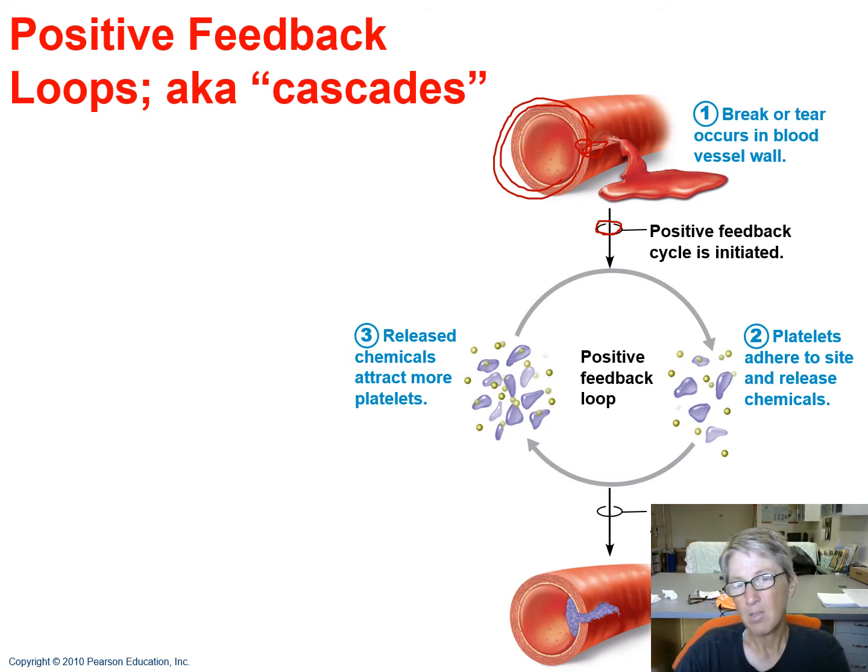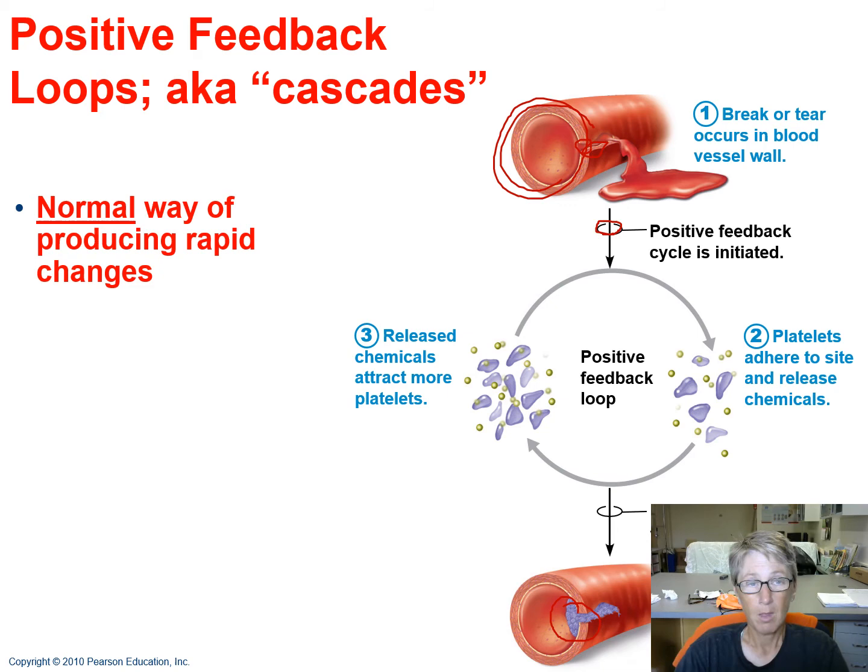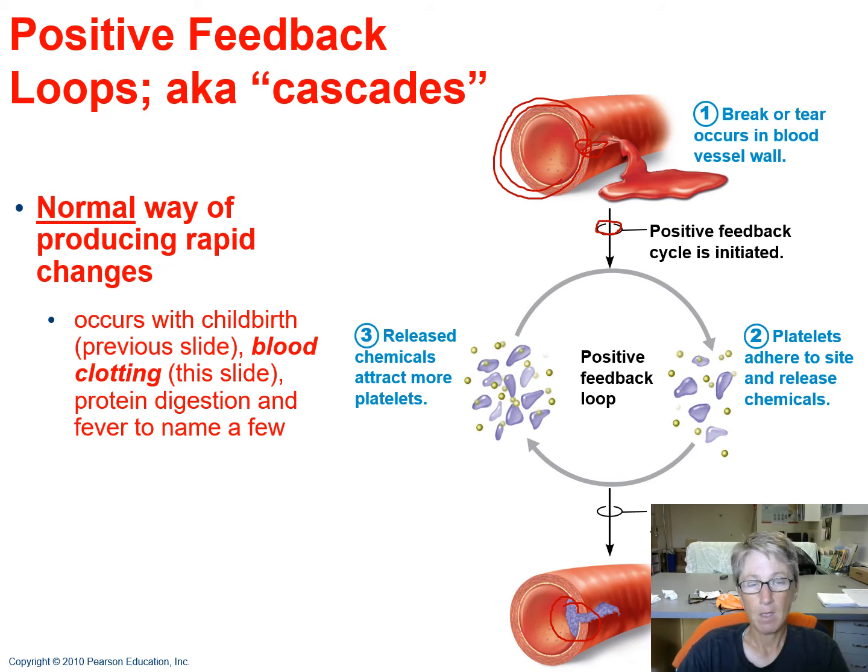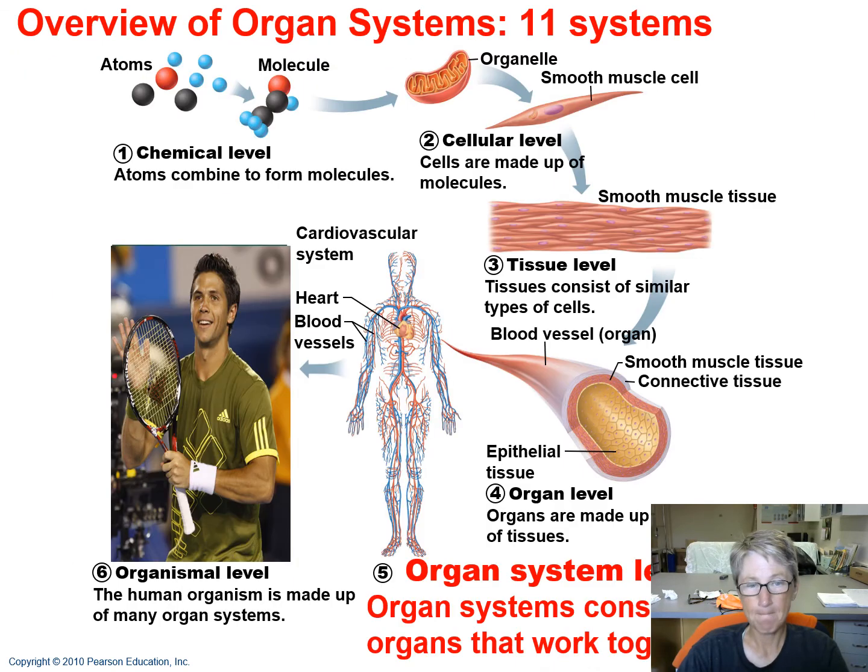But basically, platelets will adhere to the site of the break, and they will send chemicals to ask more platelets to come to the break, and you'll form this platelet plug, and then you'll do a whole bunch of other things and form a clot, and that will stop the blood from leaking out of the blood vessel. So positive feedback loops are a normal way to produce a really rapid change. And then we talked about how it occurs with childbirth and blood clotting.